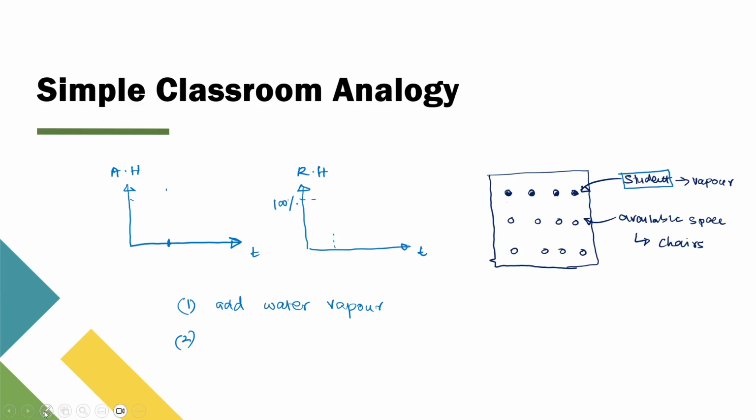Okay, so here comes the next important thing you have to remember in this analogy. If I increase the temperature, available space is going to increase. Okay, then if I reduce the temperature, available space is going to reduce.